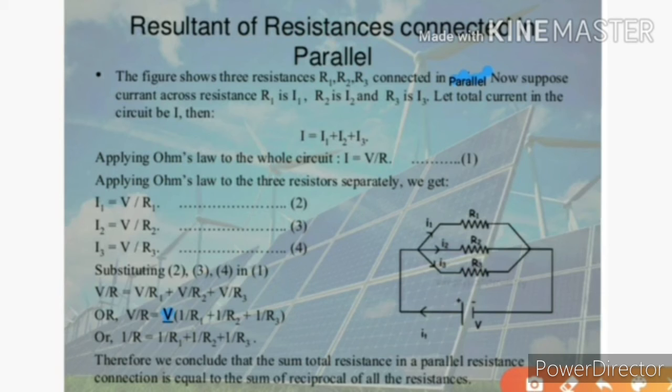And the value of the equivalent resistance is less than any individual resistance value present in the circuit.